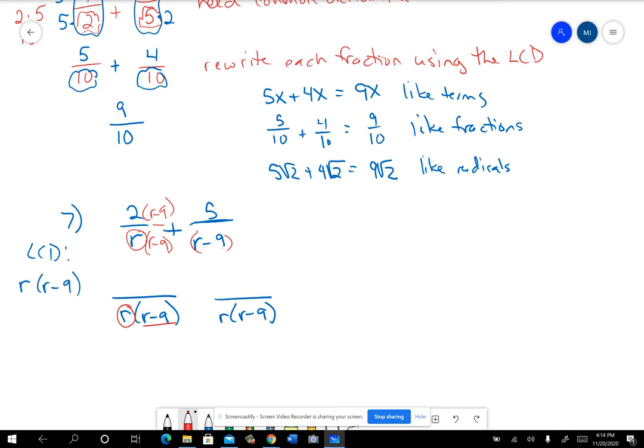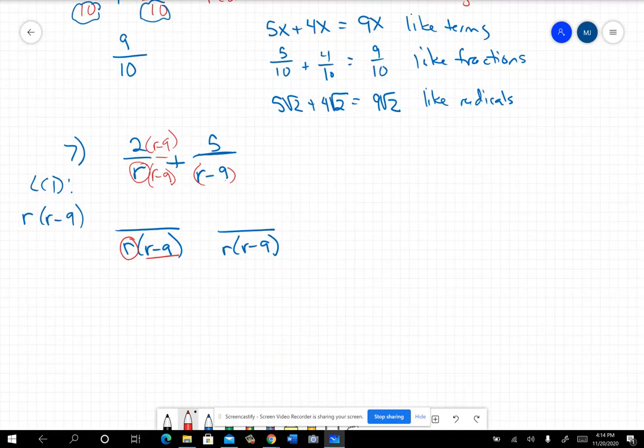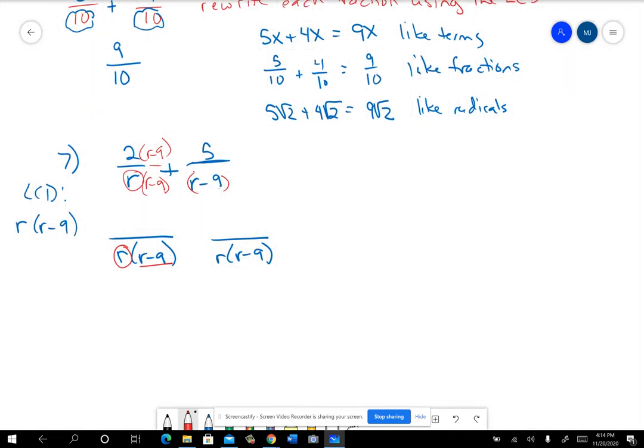Okay, so here I would have 2 times r minus 9. Actually, I'm going to show you what you really would probably want to go ahead and do, because one of the hardest things about these problems is they feel like they take too much paper. So really, I go ahead and distribute at that point. I would write down 2r minus 18 rather than 2 times r minus 9.